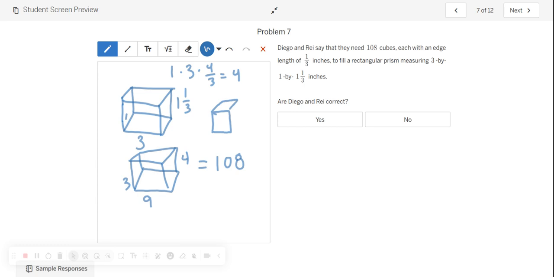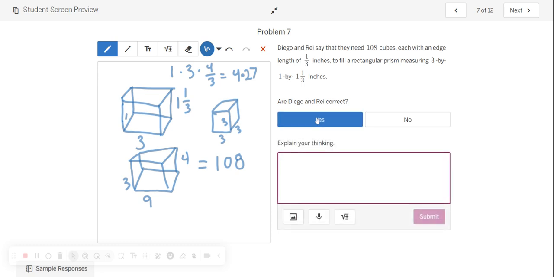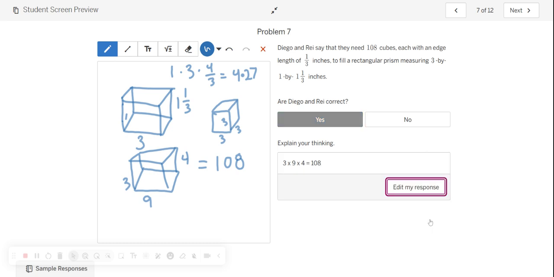In a cube that's 3 blocks by 3 blocks by 3 blocks, that's 27 blocks per cubic inch. And 4 times 27 is definitely 108. And so yes, it comes out either way, and so yes, they are correct.